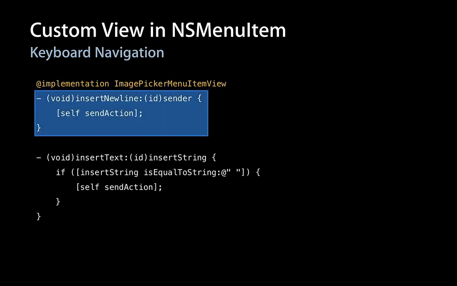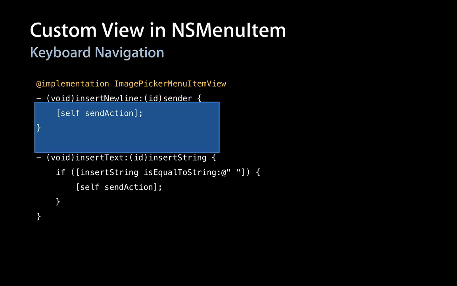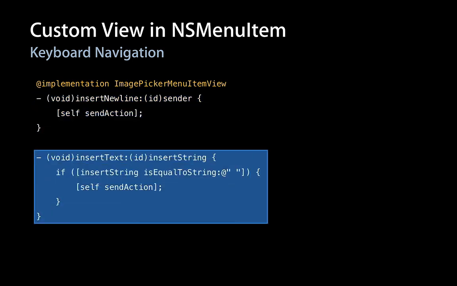And then, of course, if the user hits the return key or the enter key, we'll want to go ahead and send the action. They've committed it, so we can do send action, and we've already taken a look at that implementation. But we also want to activate our menu whenever the user hits the space bar. Traditionally, key binding just thinks of space as being part of text, because it's usually associated with a text field, so there's no user action associated with space.